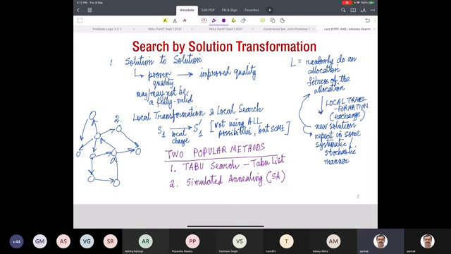So among the 100 possible next states, you shortlist 10, and among these 10, you don't necessarily go to the one which yields the best minimum cost now. You go to the one which yields the best minimum cost with a certain probability.